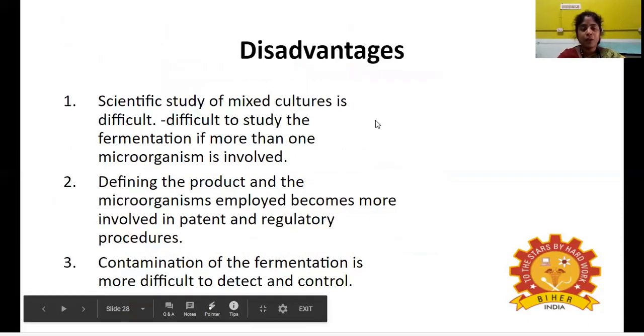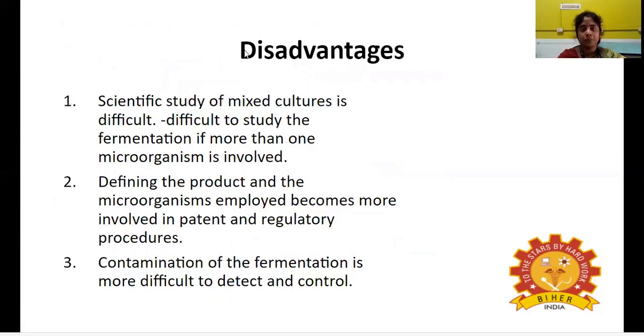So next we'll see about the disadvantages. As we all know, even if you are using a single source of microorganism for the substrate conversion into the product, here we are using a mixed culture of different sources of microorganisms. So it is difficult to study how these organisms are utilizing the substrate if more than one organism is involved.